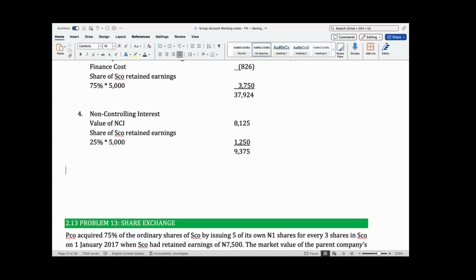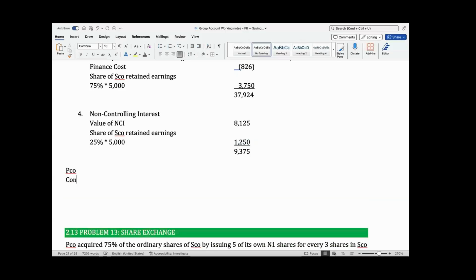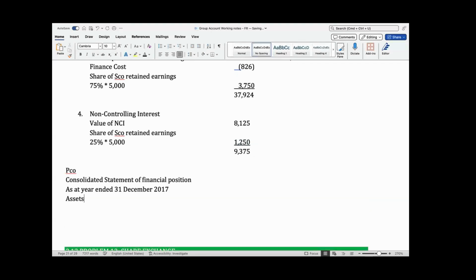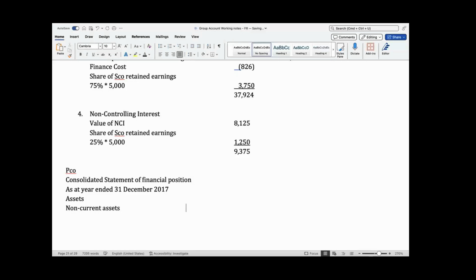Okay. So PICO consolidated statement of financial position as at year ended 31st December 2017. Assets, non-current assets.